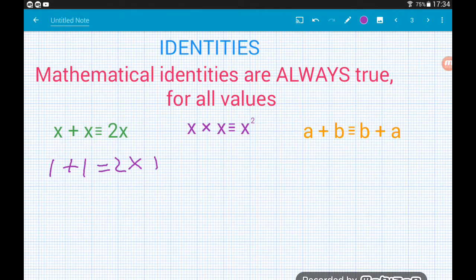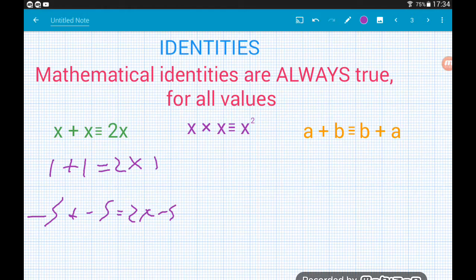Let's say we shoved in minus 5, we get minus 5 plus minus 5 equals 2 times minus 5, which is telling us minus 10 is equal to minus 10. So no matter what value you shove into x plus x, you always get 2x. So that's our first identity for this video.